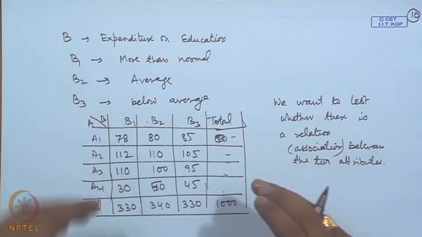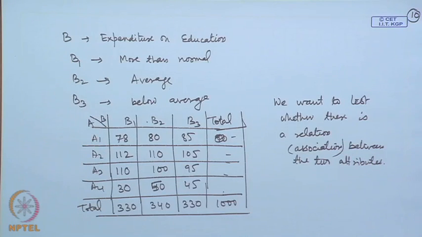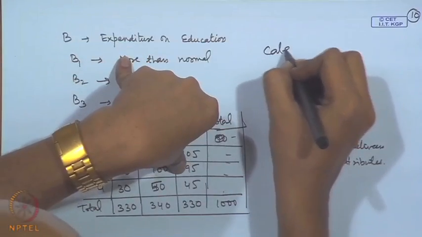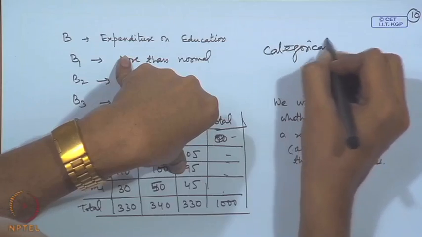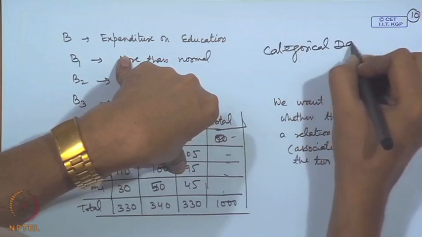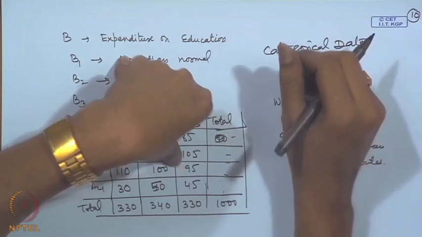Can you say that if the income is high, the expenditure on education will be more, or if the income is low, then the expenditure on education will be less, and so on. That means, is there a dependence? So, we want to test this. This is called categorical data, as opposed to the numerical data that you have in the other problems.